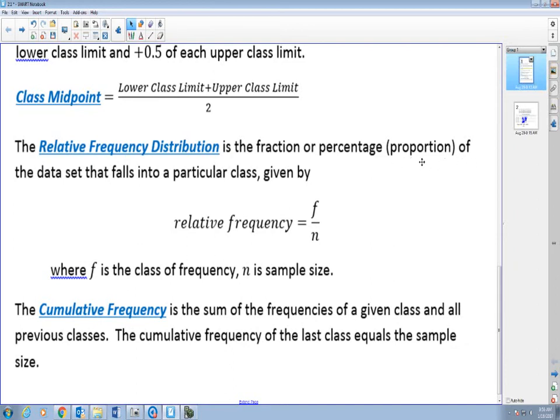We're going to hear this word proportion more often down the road.